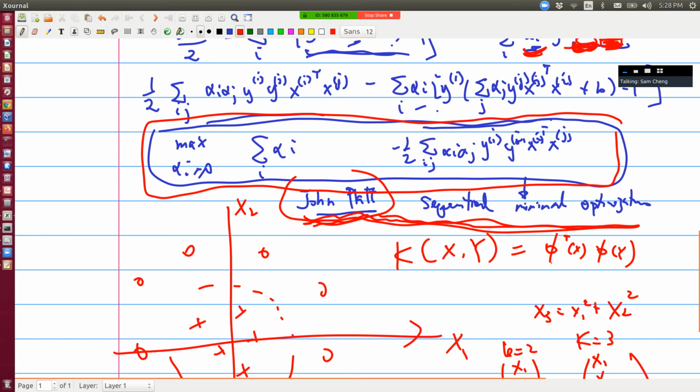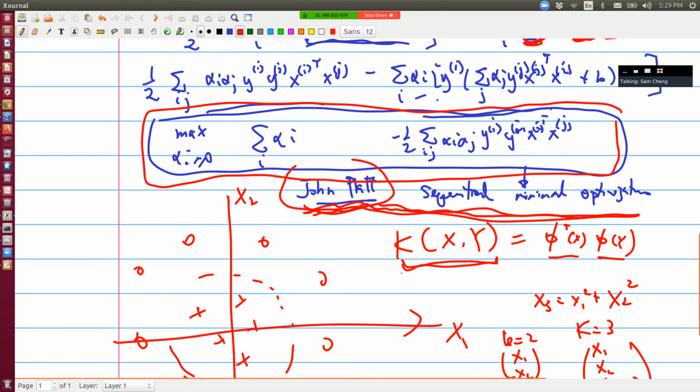Of course, I don't actually know what phi is most of the time, but I would just assume that I have some function to replace this. A classic example is a Gaussian kernel, which is something like the exponential of negative x minus y squared over sigma, something like that, right?